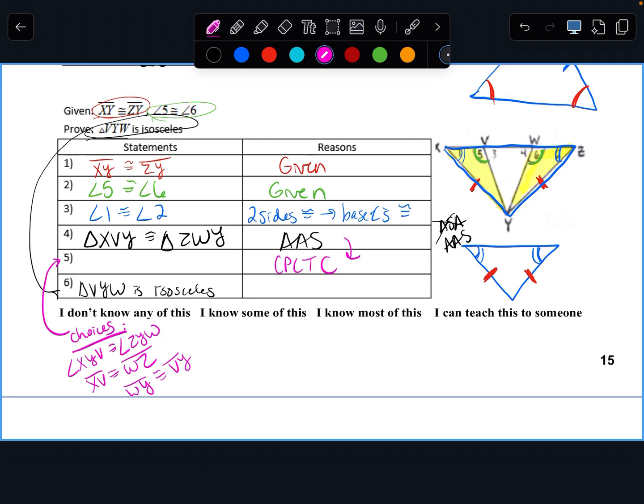So I need to look at that they want this triangle to be isosceles. So they want this middle guy to be isosceles, right? So for an isosceles triangle, you need 2 sides the same. Exactly. So this is your only option.